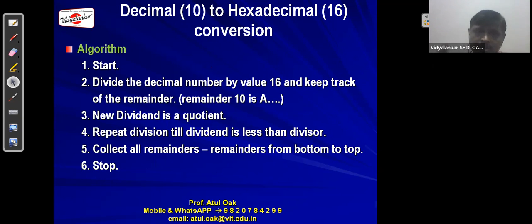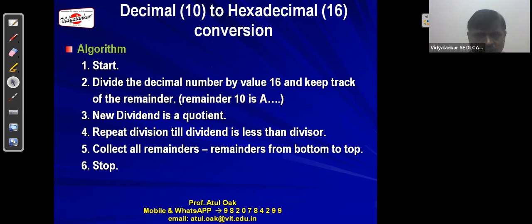We did it in the initial 1 hour. The effect is that if you do this division and get a remainder which is more than or equal to 10, you have to represent it by an alphabet. Like 10 is represented by A, and F indicates 15, that table you have written.